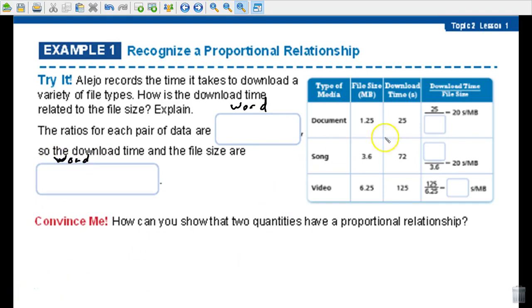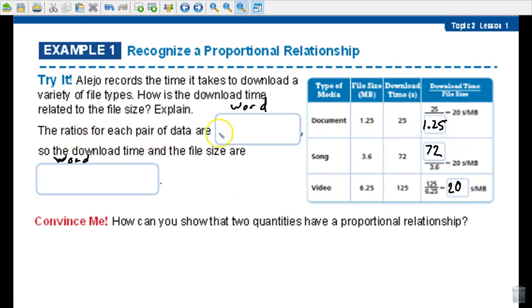Okay, class. So they give you all the information you need. 25 over 1.25. And then, like we saw the 25 on top, the 72 will be on top. And then we're looking at both of these. If they both equal 20, I'm just going to go ahead and say that this equals 20 also. So it looks like they're all equivalent when you break them down.